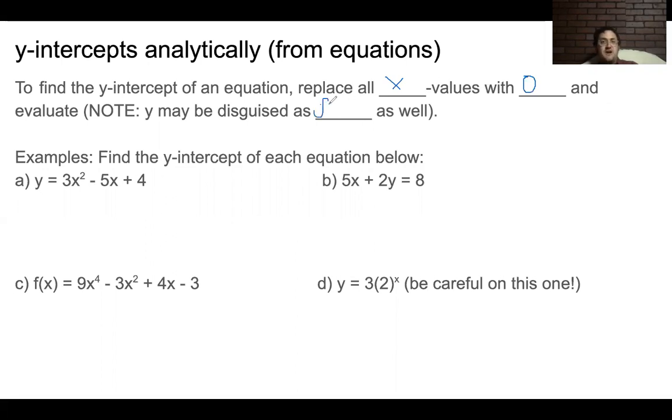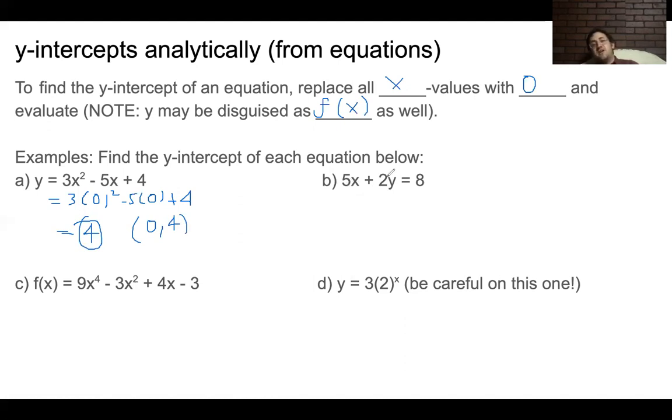And sometimes that y could be disguised as f of x as well, kind of like in part C. And then you're just going to plug in 0, which is nice in this case because all the 0 terms go away. So we can pretty quickly see just by reading the constant of our quadratic that the y-intercept is at 4. We can put it in coordinate form as well.